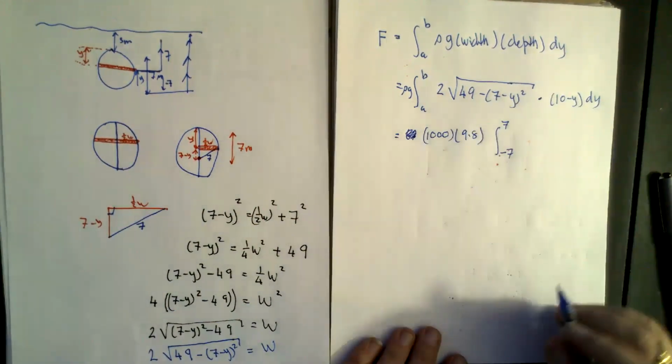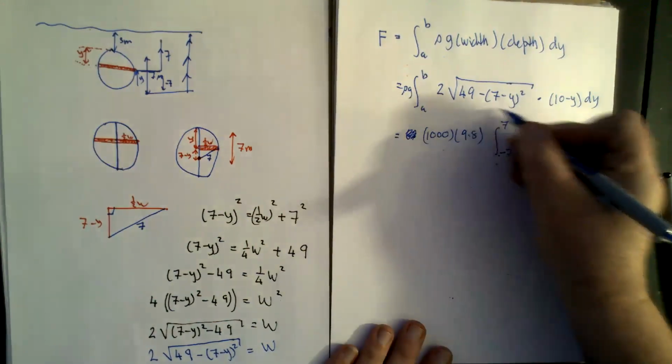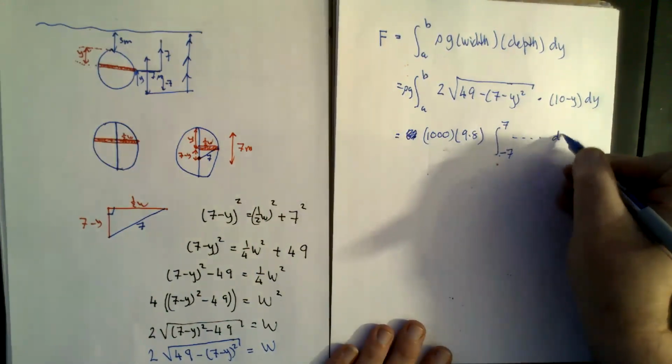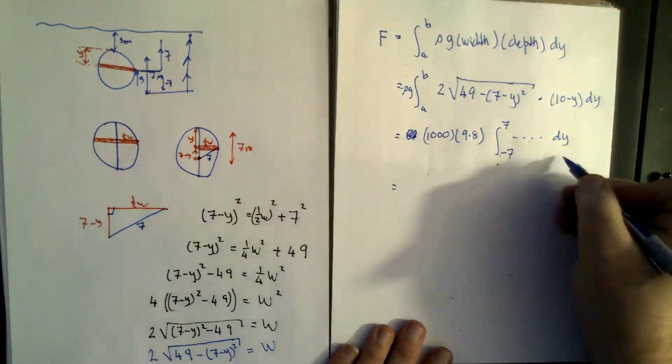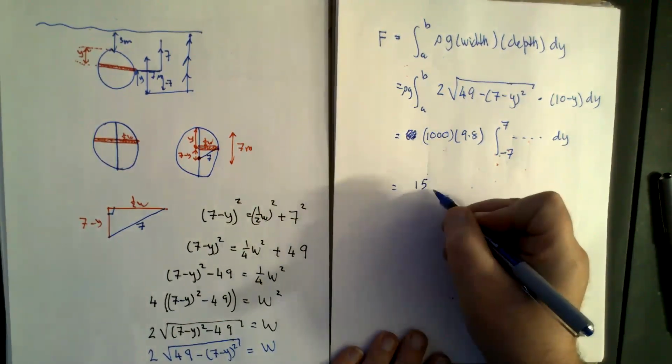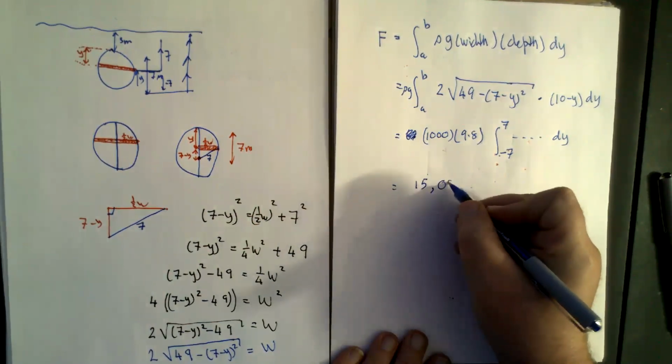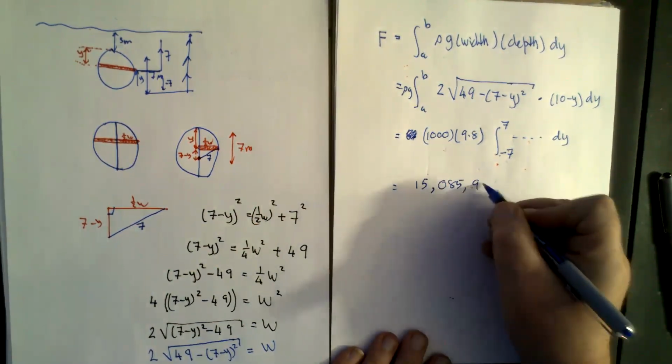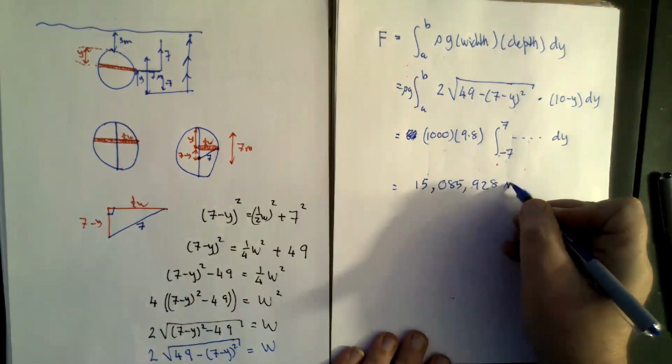And then you do the integral of this guy, which I'm just going to go dy, and do it on a calculator, right? And you will get 15,085,928 newtons.